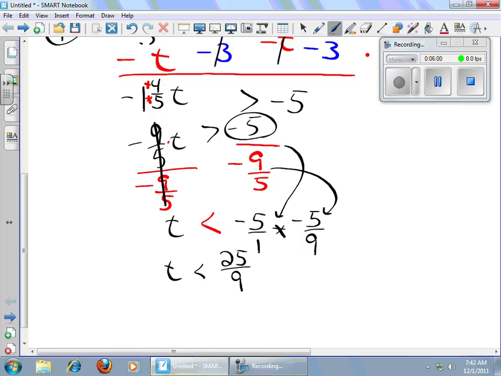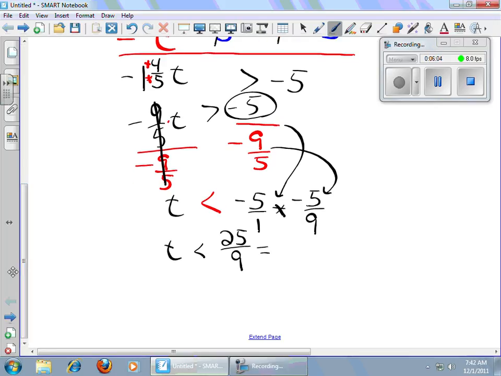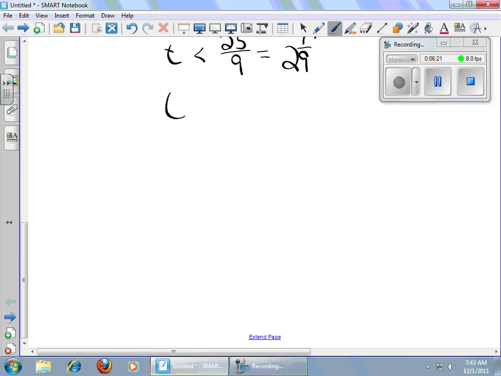Now, that answer really doesn't make sense in terms of a graph to me, so I'm going to convert that back to a mixed number. 9 goes into 25 2 times. Let me see, 2 times 9 would be 18. 18 and 7 would be 25, so I must be 7 short of 25, so it's 2 and 7/9. So the simplest answer would be t is less than 2 and 7/9.